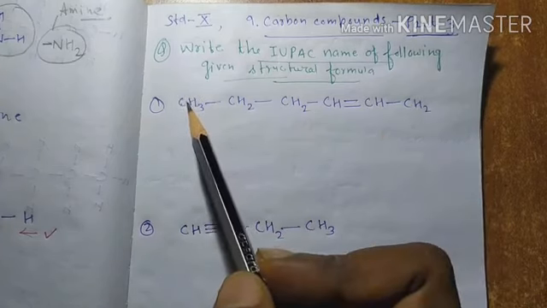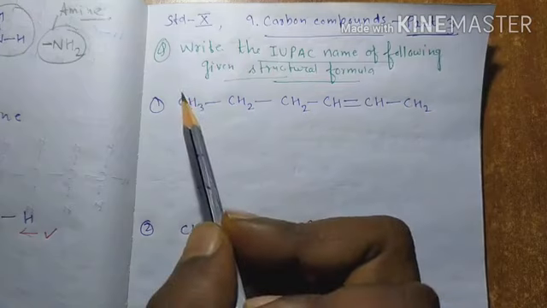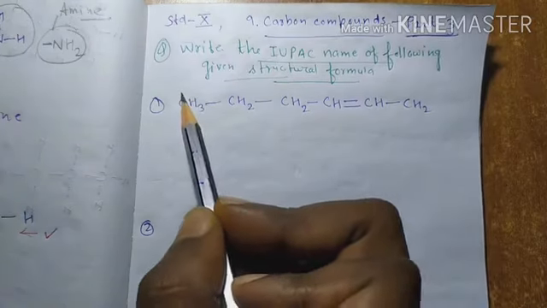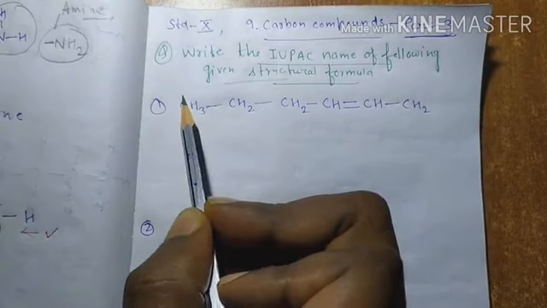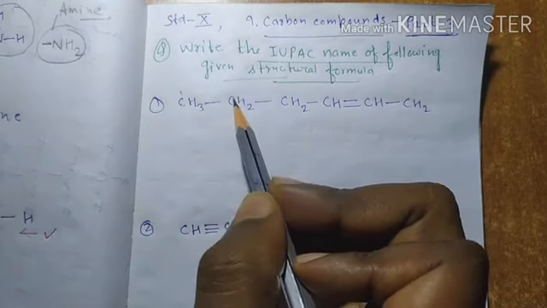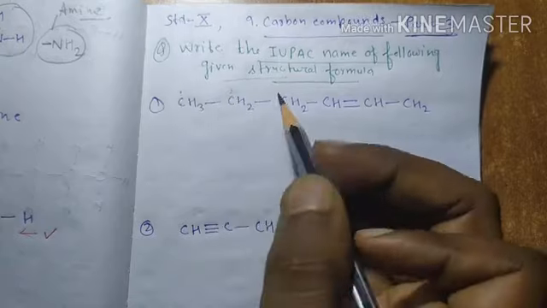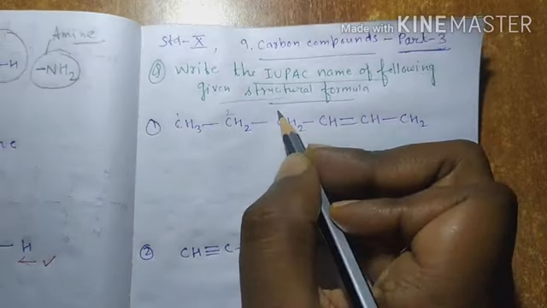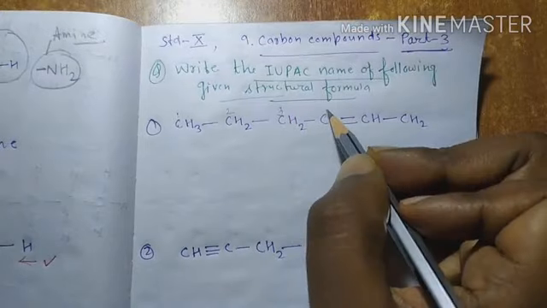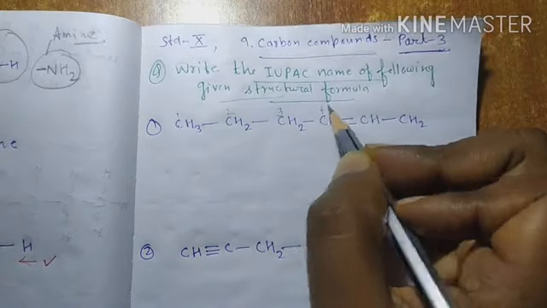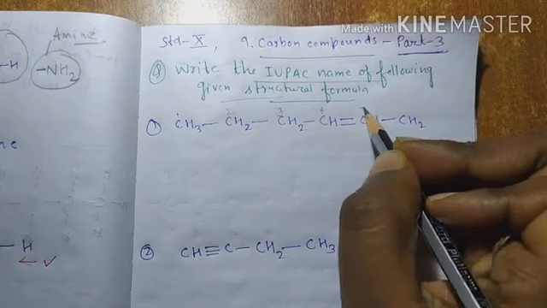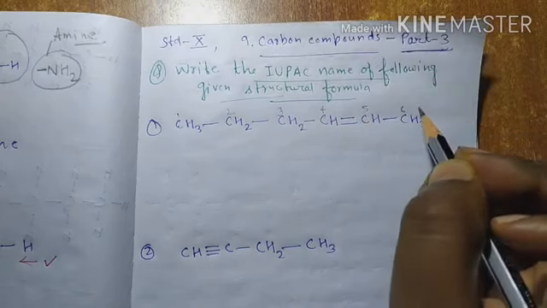So you can see here, if I give the number from the right hand side, I give 1 here, this carbon atom gets number 2, this carbon is 3, this is 4, this is 5, this is 6, right?